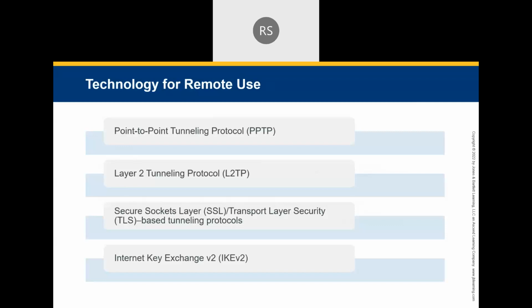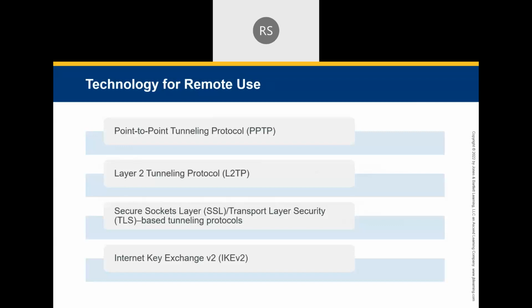The Layer 2 Tunneling Protocol is a tunneling protocol that combines features of PPTP and the Layer 2 Forwarding protocol. Now, it does provide better security using encryption and authentication mechanisms, and it's commonly used in conjunction with IPsec for enhanced security.